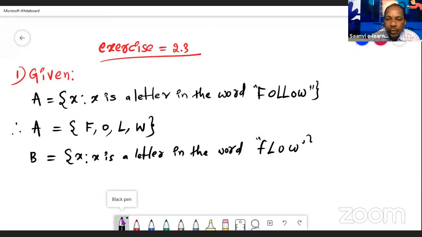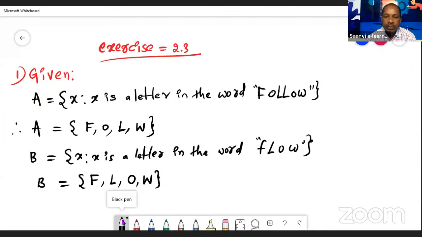Okay. Now write the roster form of this set B. What do we get? F, L, O, W. Here no alphabet is repeated more than 1 time.